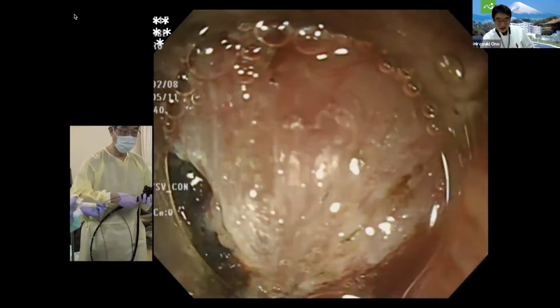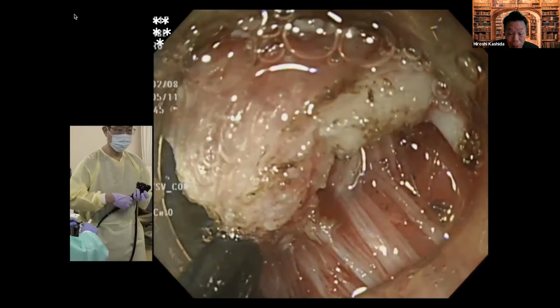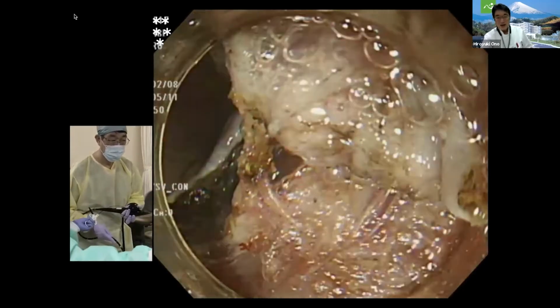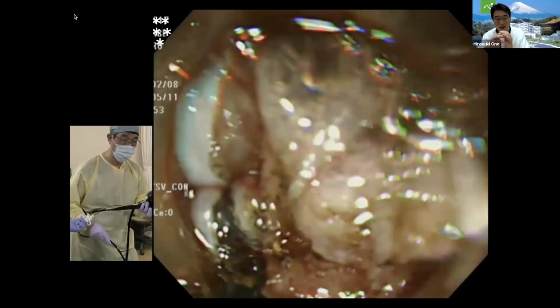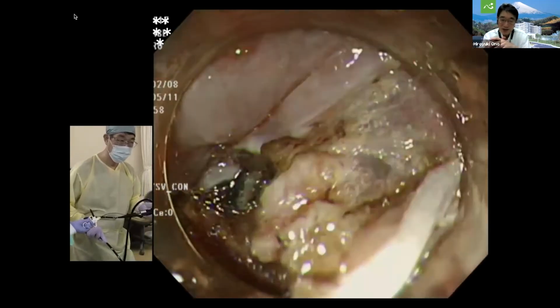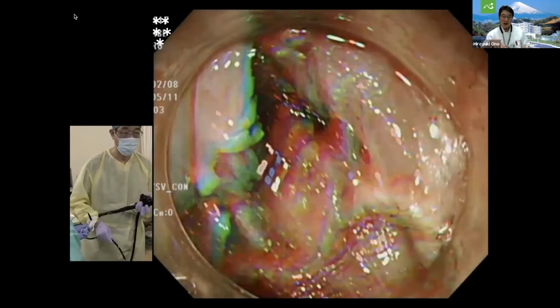Oh, you are approaching the last cut. The last part. The traction method makes the procedure faster. Yes, definitely.